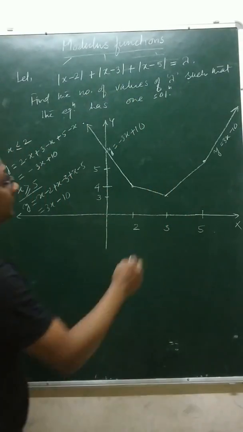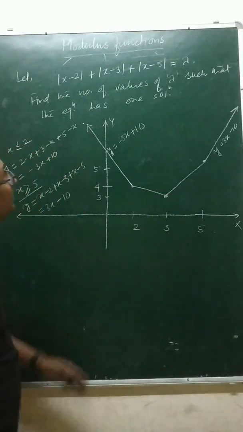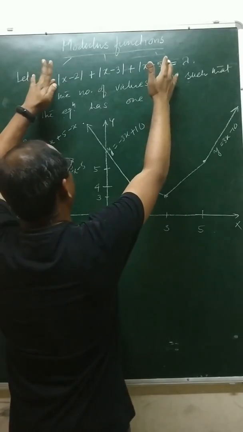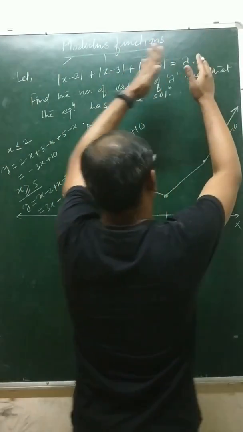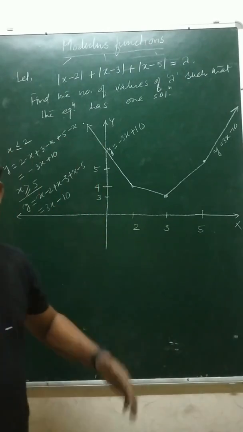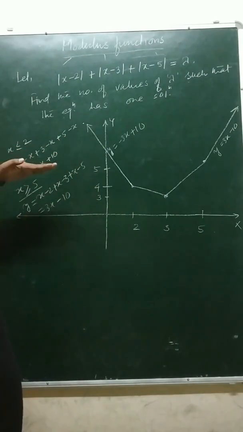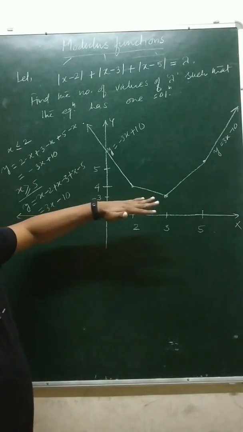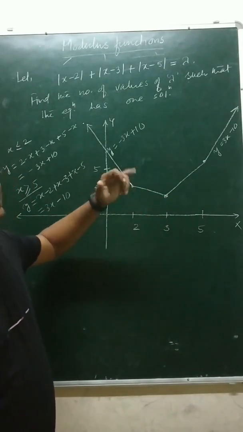Now let's see what we are looking for. This one is y equal to f(x) and this one is y equal to lambda. So y equal to lambda will be a line parallel to the x-axis. All they are asking is, if I draw a line parallel to the x-axis, it will intersect exactly at one point.